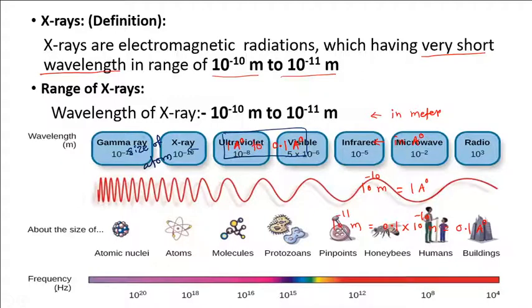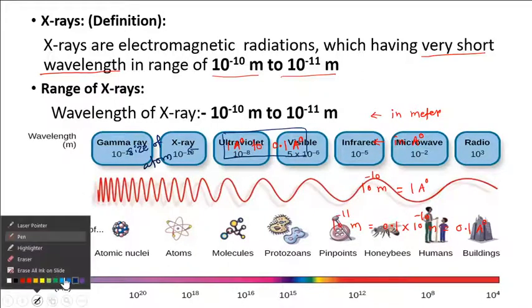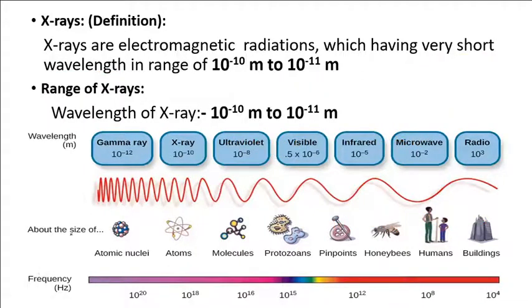So next, here an electromagnetic spectrum is shown. We can start from these gamma rays, from lower wavelength to higher wavelength. So at this end wavelength is low and at this end wavelength is high.